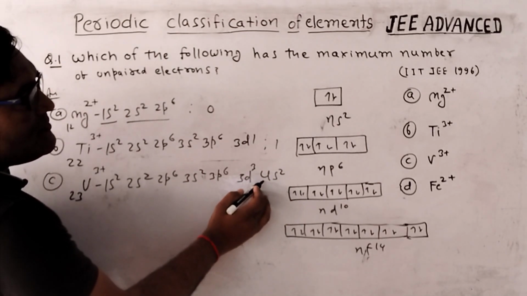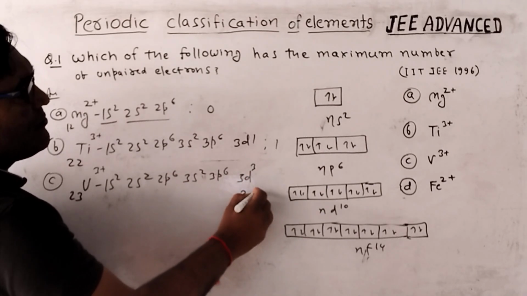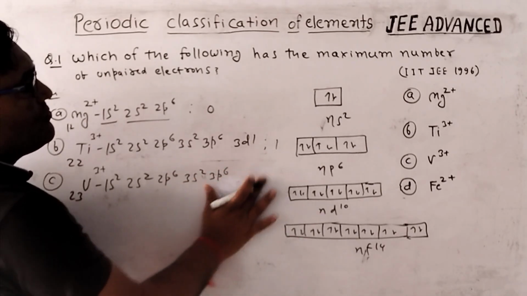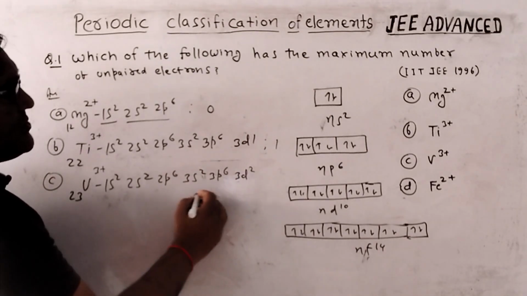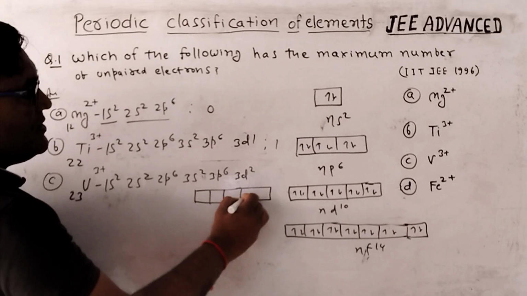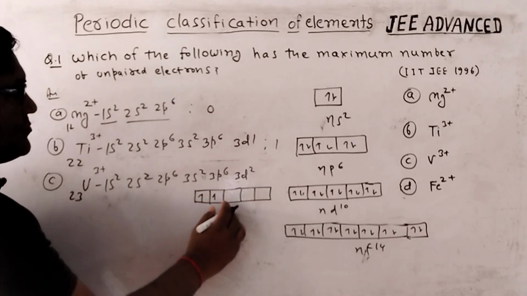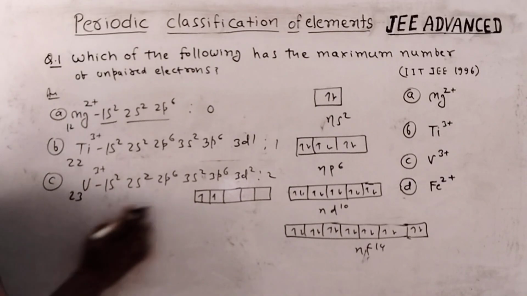So 4s2 becomes 0 and 3d3 becomes 3d2. So we can write 3d2 here. Now in case of 3d2, only 2 unpaired electrons are present. Okay, in case of vanadium, triple positive.